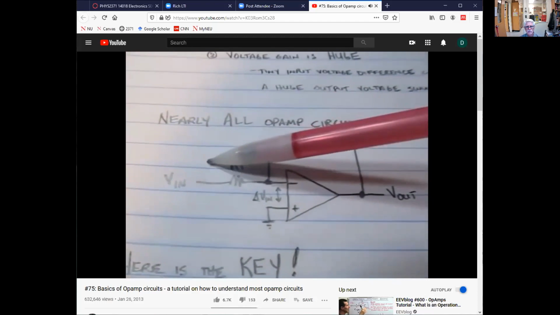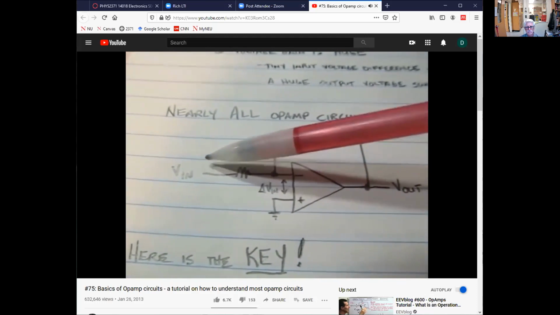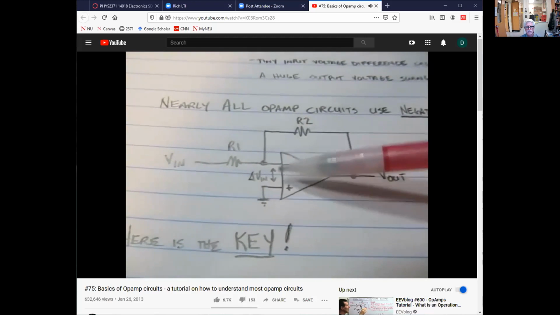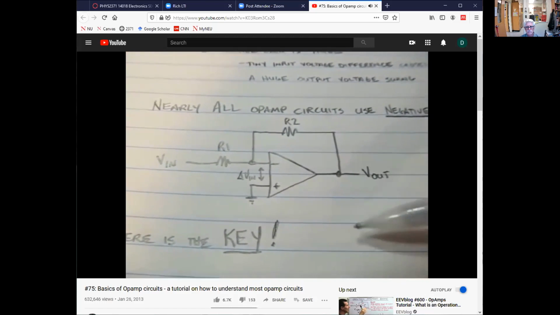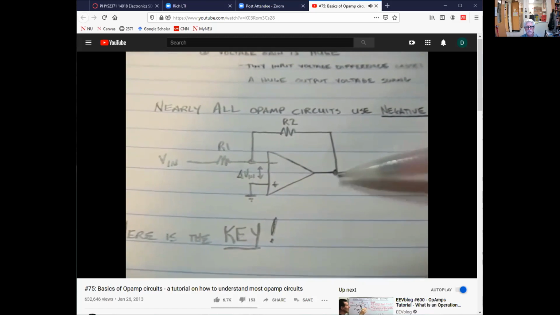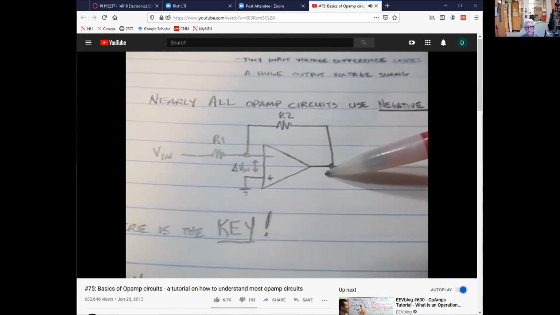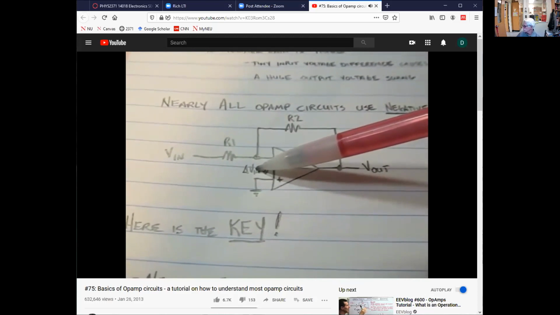So if you think about that, let's say we had a small positive voltage appear here at Vn. That small positive voltage would bring this input greater than ground. As soon as that goes greater than ground, this output starts going down. As it goes down, some current is going to be pulled down through this resistor, and will be pulling down on this node.